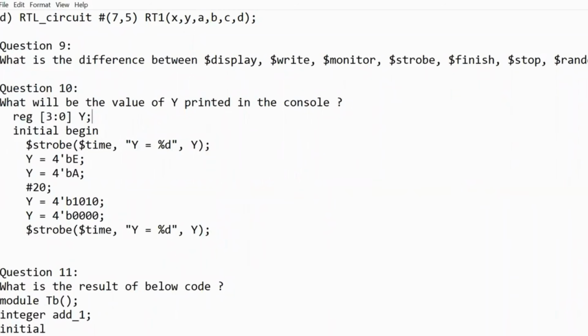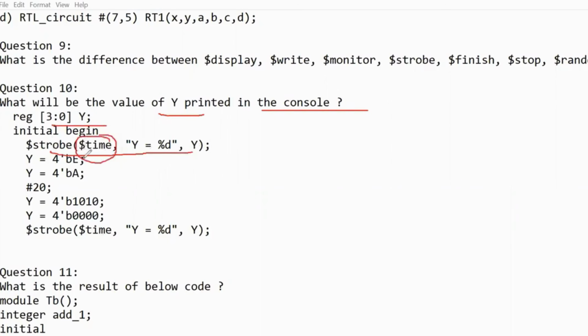No, ma'am. Okay. See here, what will be the value of y printed in the console? Here, what is the code? Reg [3:0] y. Why have we taken $strobe at some simulation time, $time?